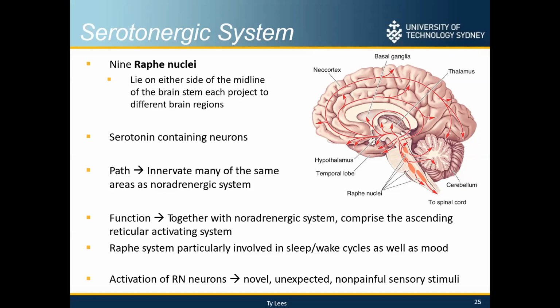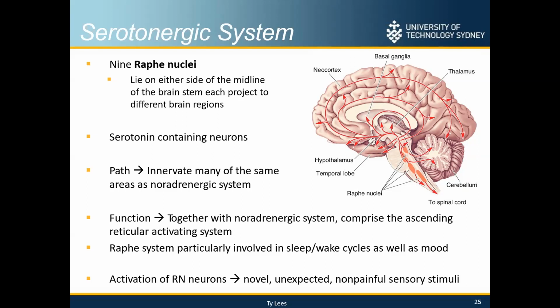The next system is called the serotonergic system. This system stems from the 9 raphe nuclei, which lie on either side of the midline of the brainstem. Similar to the noradrenergic system, this extends out to many areas of the brain, as you can see in this diagram.